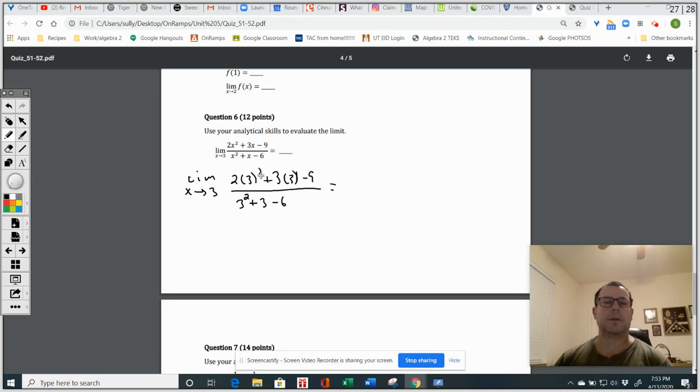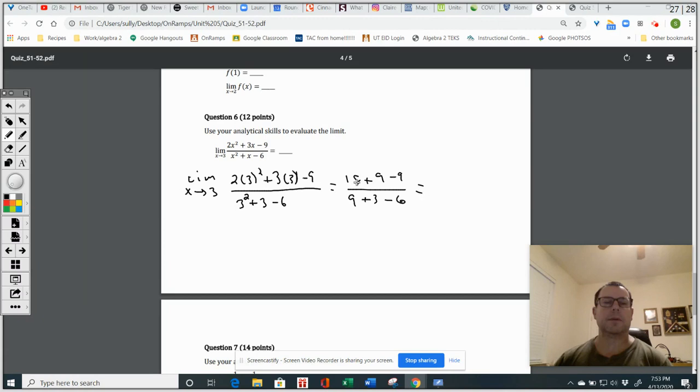So here, 2 times 3 squared. 3 squared is 9, and so 2 times 9 would be 18, plus 3 times 3 is 9, minus 9, over 3 squared is 9, plus 3 minus 6.